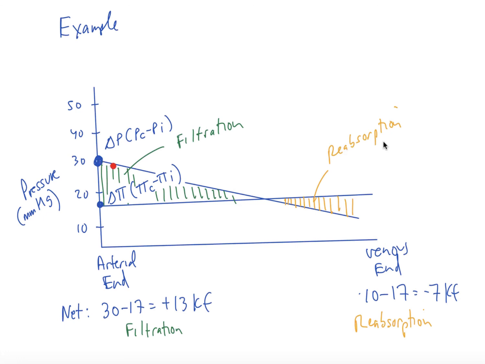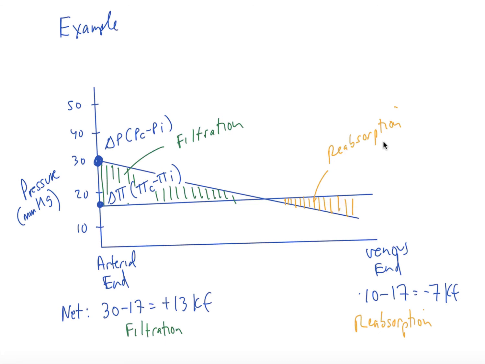Notice as I go down along the arterial end to the venous end, there's inherent resistance in the capillary, and that causes the pressure to fall. And as the pressure falls, it can fall below the difference in oncotic pressure here, and now the reabsorption forces are greater, and I have a little bit of reabsorption on the venous end.